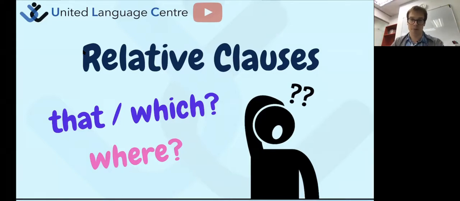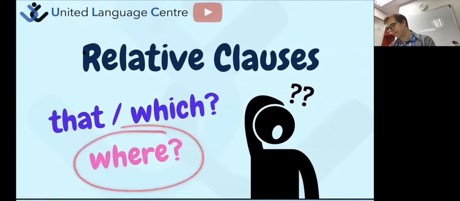If you haven't learned relative clauses, we have another video I will link in the comments below. But for this video, the main thing I want to focus on is the word where. I think this confuses a lot of students because we teach you: place, a restaurant, a school, a shopping mall, a cafe, use where.